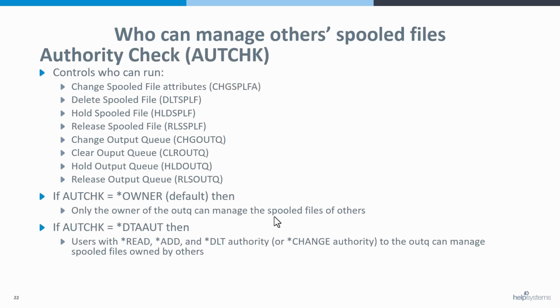So when we talk about the authority check, this changes who can manipulate the spooled files within the out queue. If the authority check is star owner, then only the owner of the out queue can manage the spooled files. If the authority check is data authority, then users that have read, add, or delete authority to the out queue can manage the spooled files owned by others.